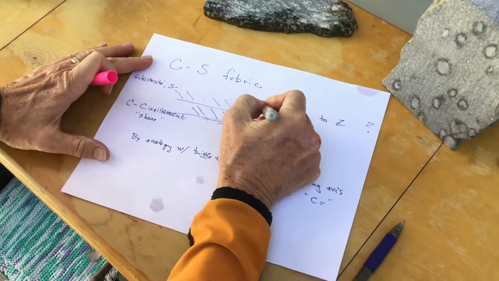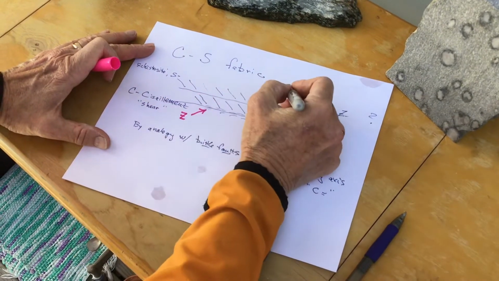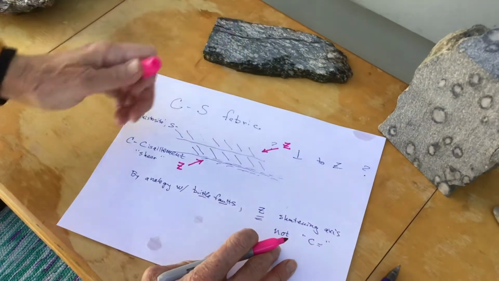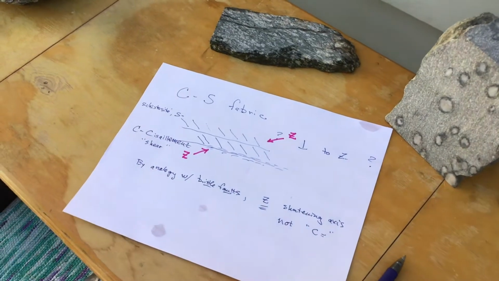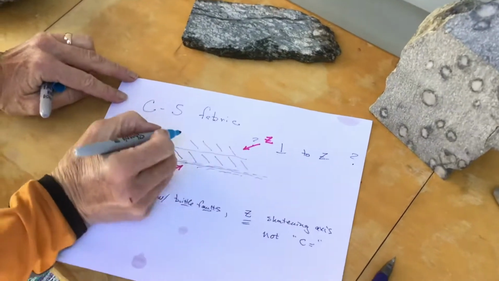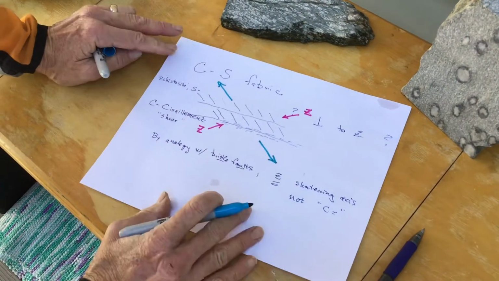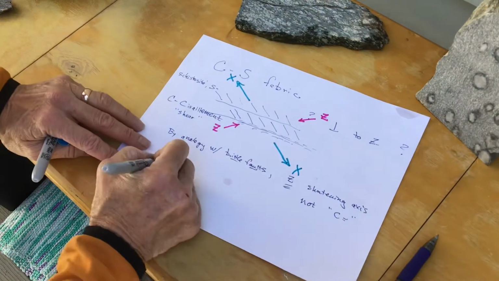So we'd fix the Z direction of the strain ellipsoid in this motion plane view perpendicular to S, and the x-axis of stretching parallel to that plane and parallel to lineation.